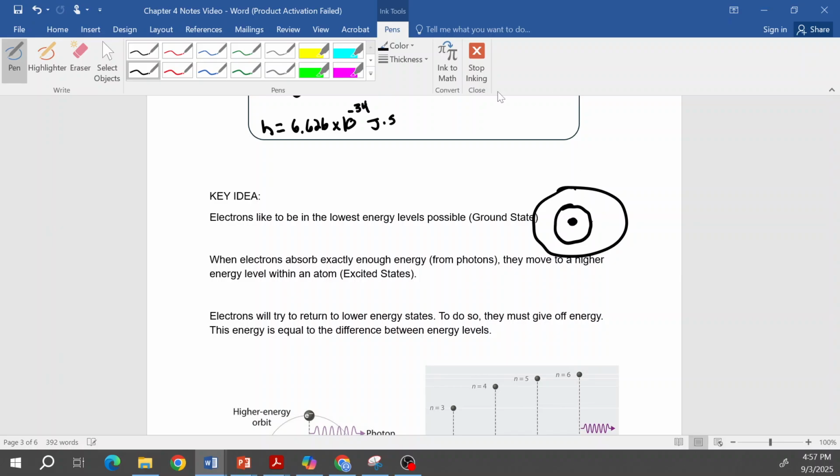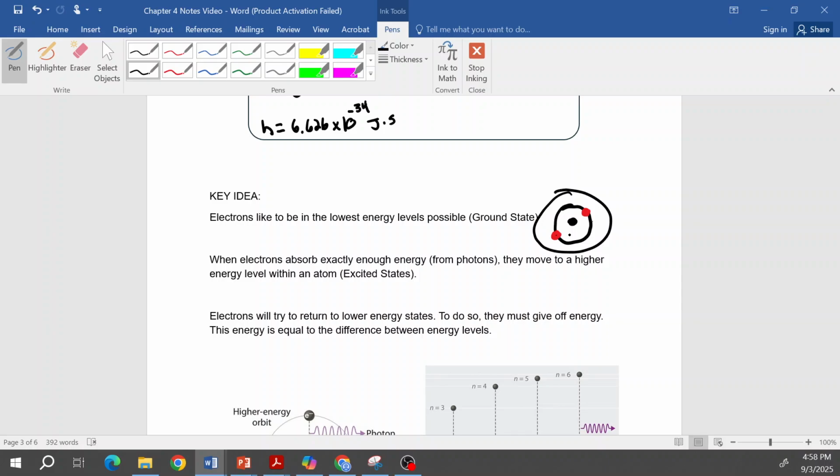Electrons prefer to be, like these two electrons, as close to the nucleus as possible. So if there's room in this first energy level, the electrons would prefer to be there. They don't really want to be out here unless they're forced to. So they mostly want to be inside. This is called the ground state. When electrons are as close to the middle as possible, that's the ground state.